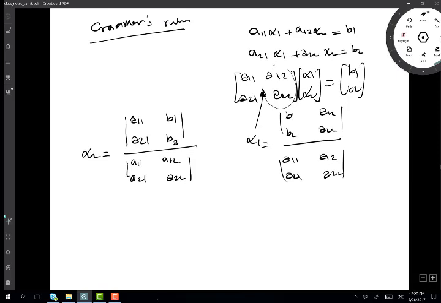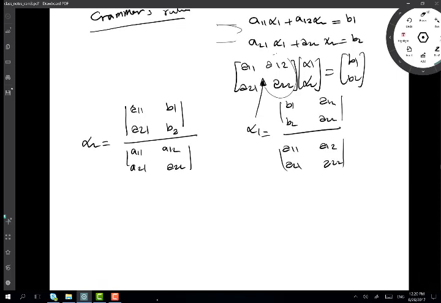Now, the way I use it is slightly different in kinematics, because my equations are something like this. I have a11 x1 plus a12 x2, and then a21 x1 plus a22 x2, that's equal to b1, b2, but multiplied by maybe y or something like that.